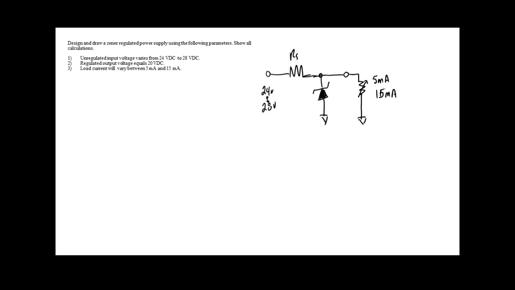The first thing I need to do is find a 20 volt zener. So what zener are we going to use? Yeah, 1N4749. Are we okay? And then let's go ahead and get the IZK for that so we won't have to go back to it.